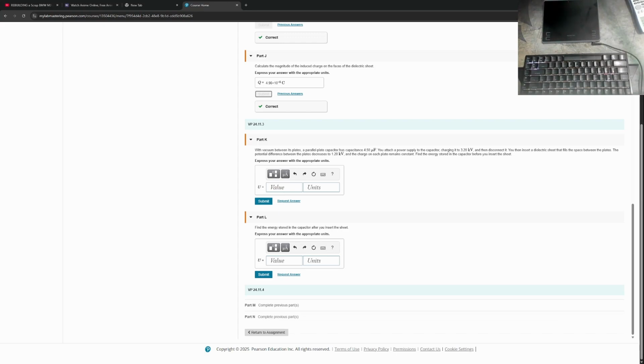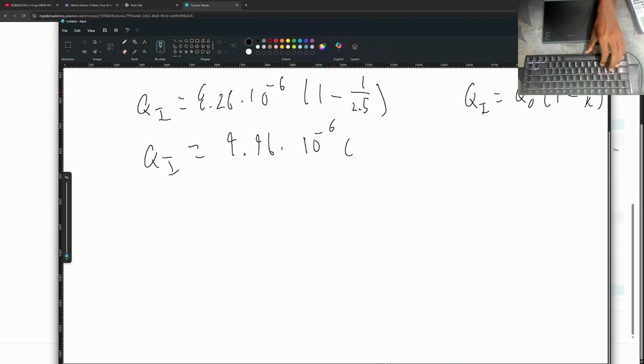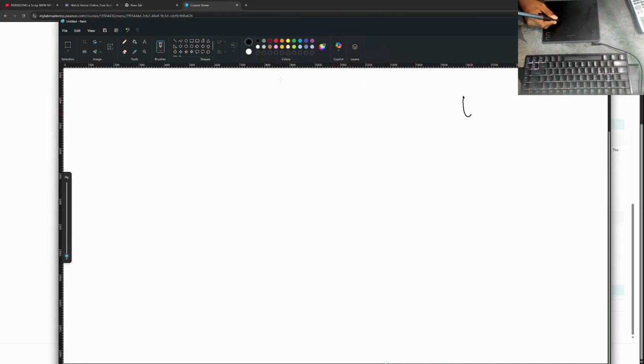To do that, you just basically use the stored energy formula that we had. So our stored energy is going to equal 1/2 times our capacitance times our voltage squared.